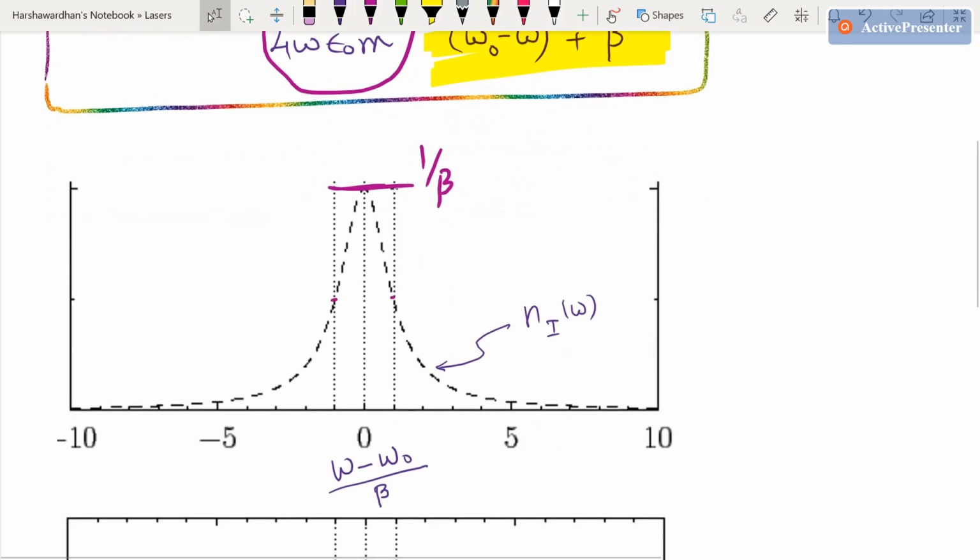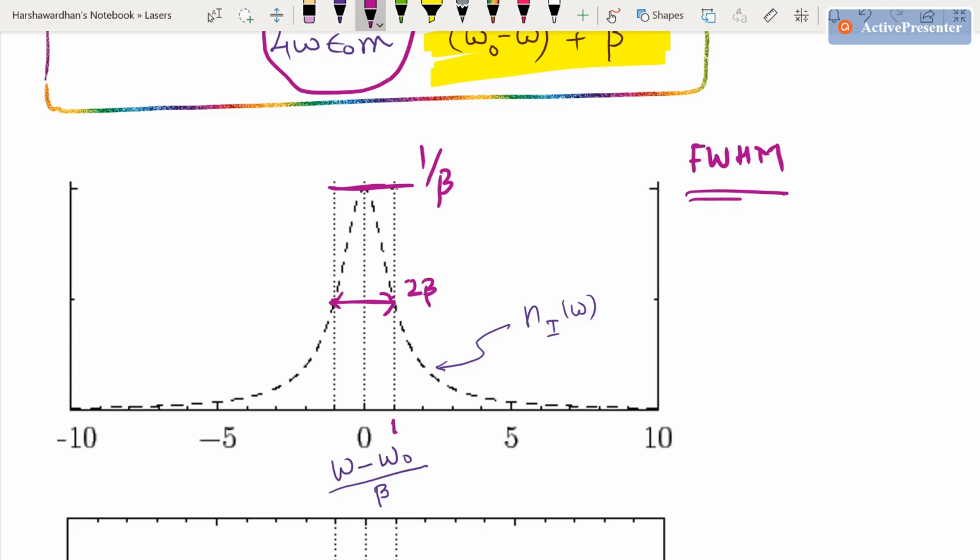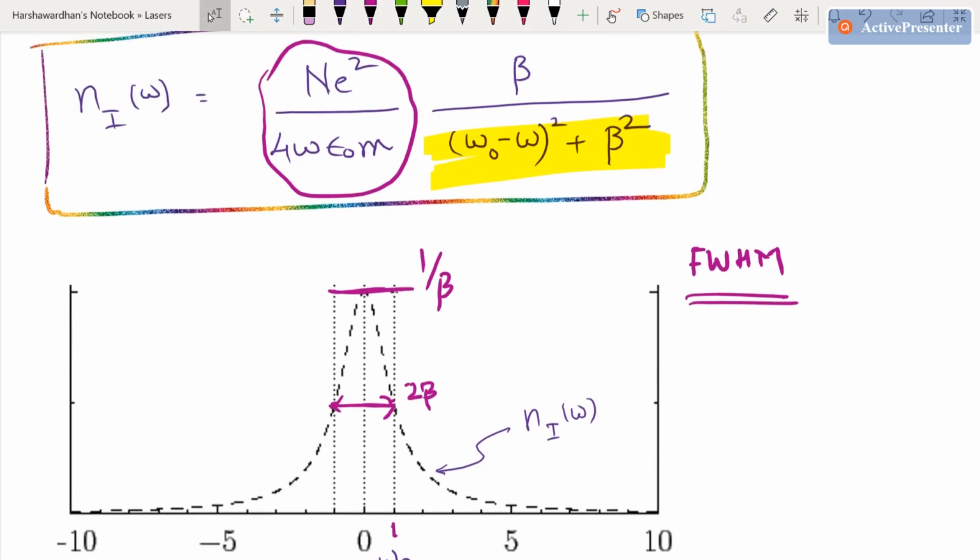So you see that the width of this resonance is actually twice beta. Twice beta is what we also call the full width at half maxima, an acronym that we use commonly. So 2 beta now forms the width of this resonance.